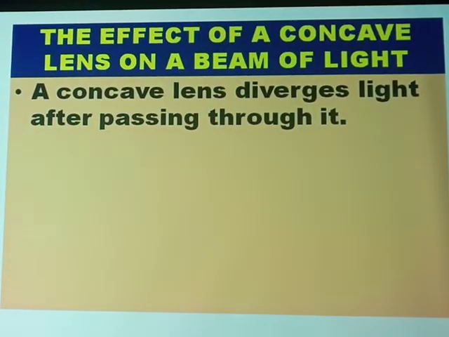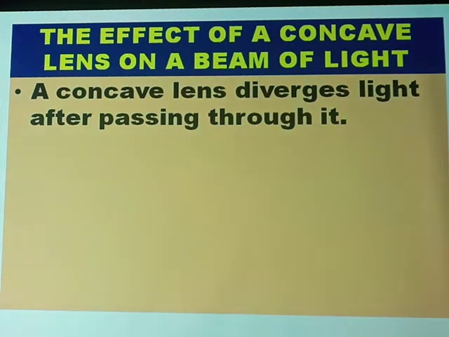Let's see what happens. According to our statement, a concave lens diverges light. Note the word diverges. A concave lens diverges light after passing through it. Like I said, if a collimated beam of light passes through a concave lens, it diverges.